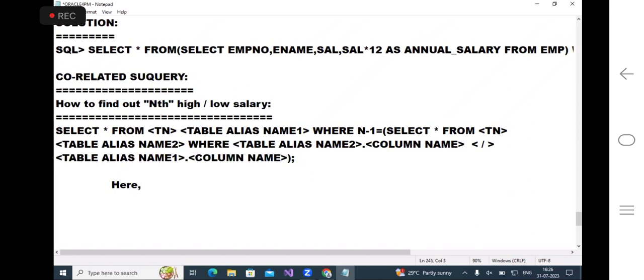The less than symbol you can use for the lowest salary purpose, and the greater than symbol you can use for the highest salary purpose. Whichever symbol I use, less than is for low and greater than is for high salaries.